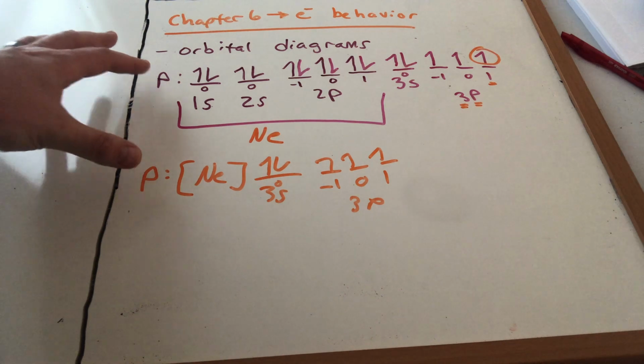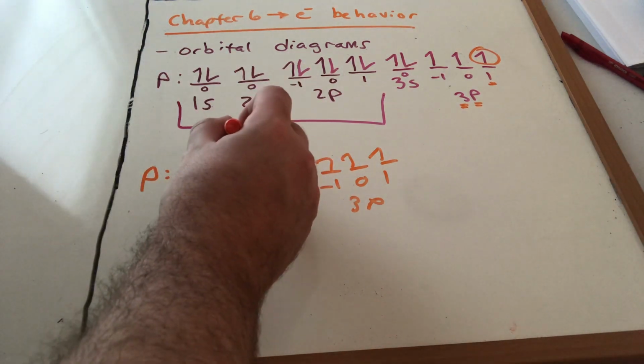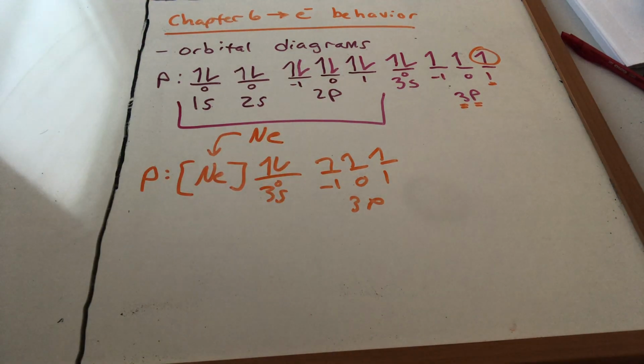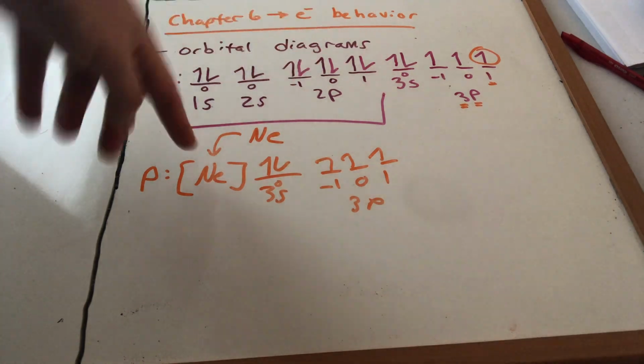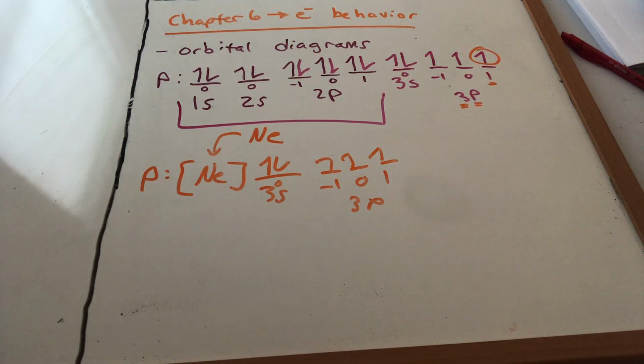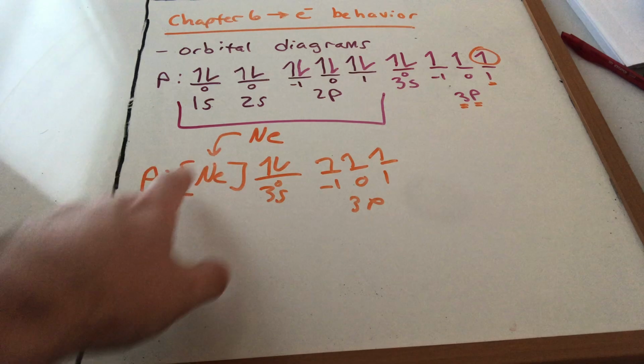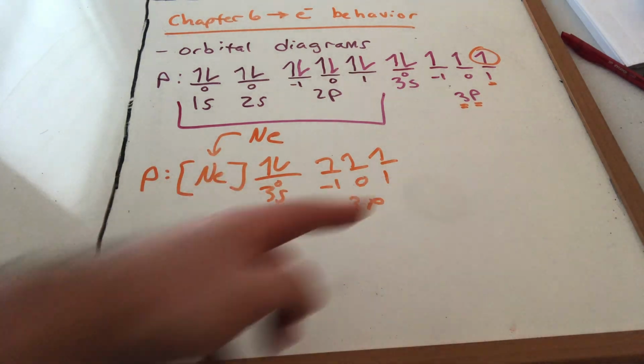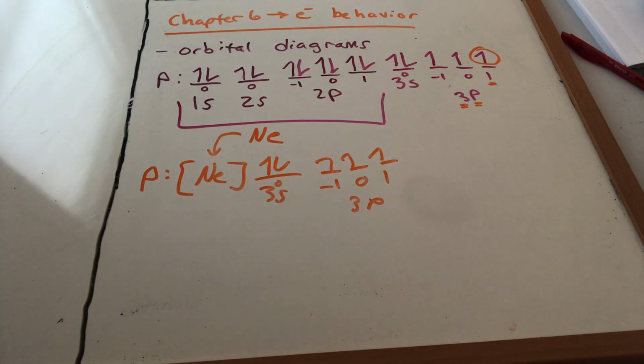These mean the same thing. All we did is write this in shorthand, saying everything slots into the same thing up until neon. The noble gas configurations are going to be important for us, so let's just call that square brackets neon and then write the new stuff from there, right?